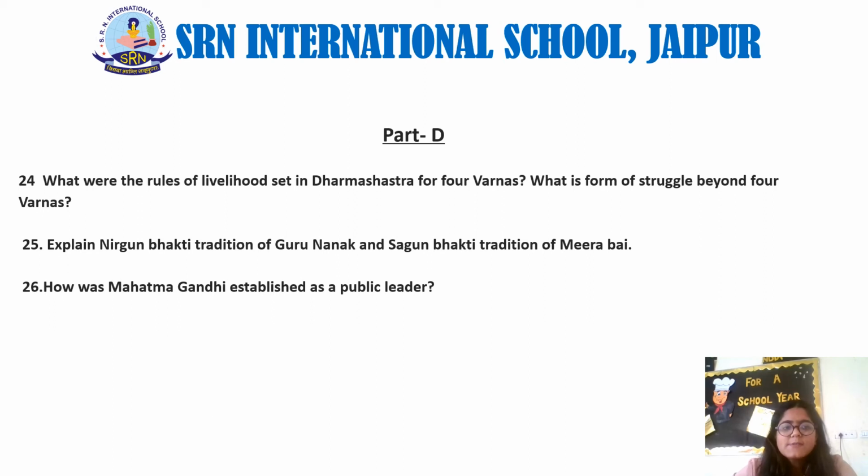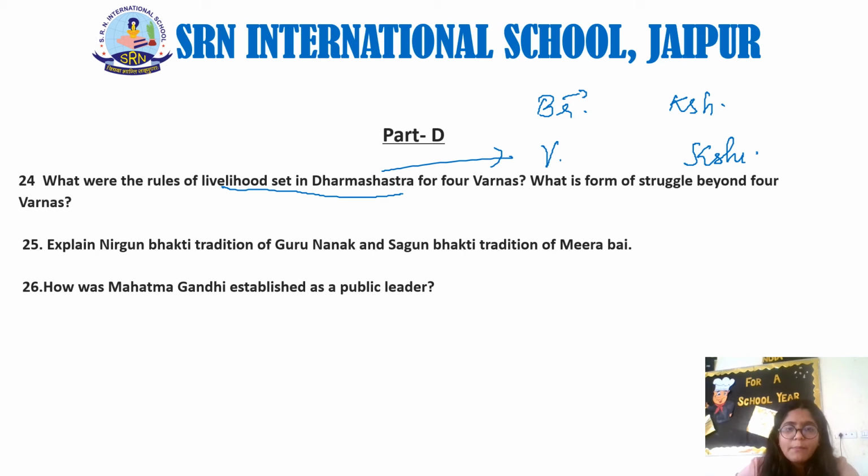The very first question is: what were the rules of livelihood set in Dharma Shastra for the 4 Varnas? In Dharma Shastra there are 4 Varnas: Brahmanas, Kshatriyas, Vaishyas and Shudras. These communities were assigned certain work.